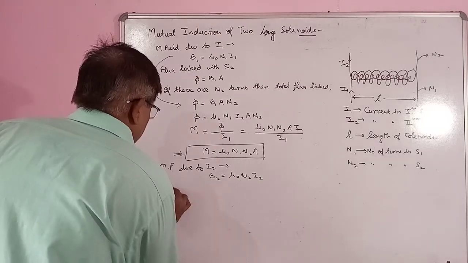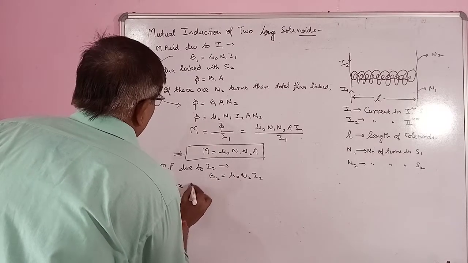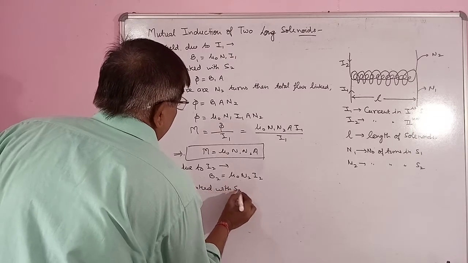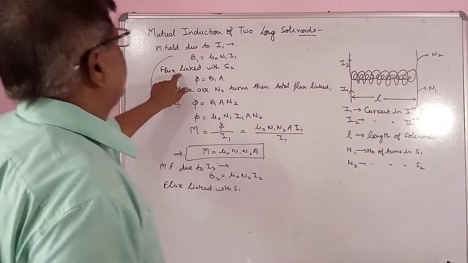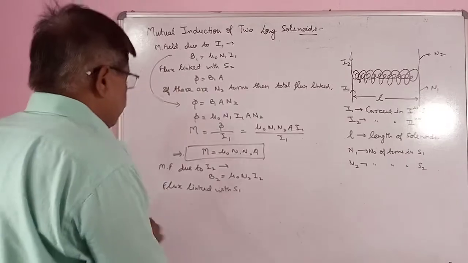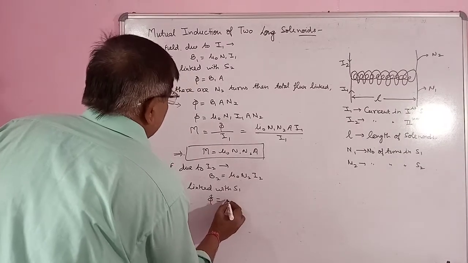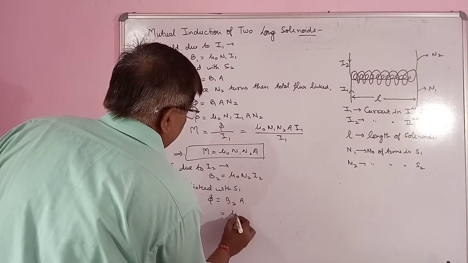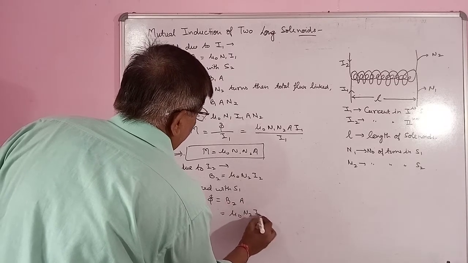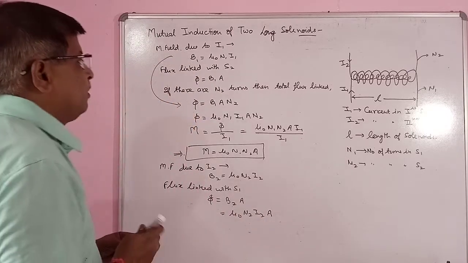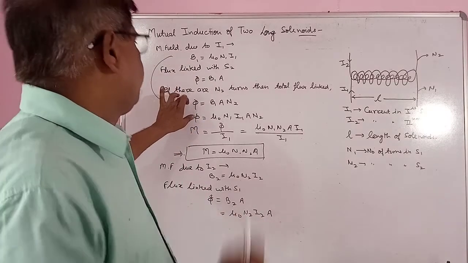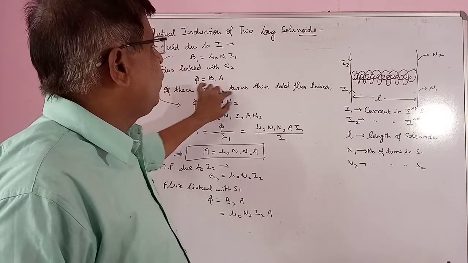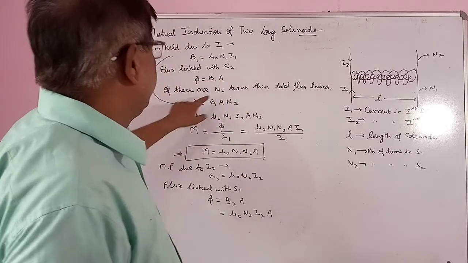So the flux linked with S1, phi equals B2 into A, that is mu naught N2 I2 into A. Now again, here we are considering N2 turns, here we are considering N1 turns.